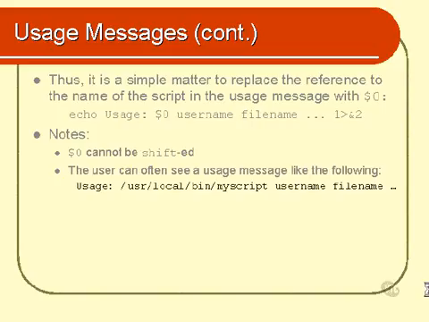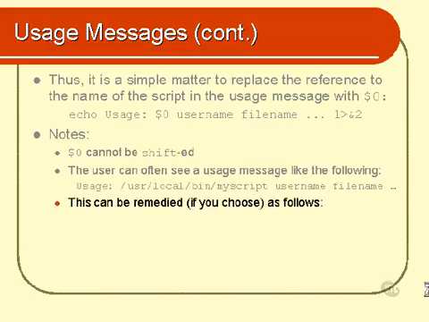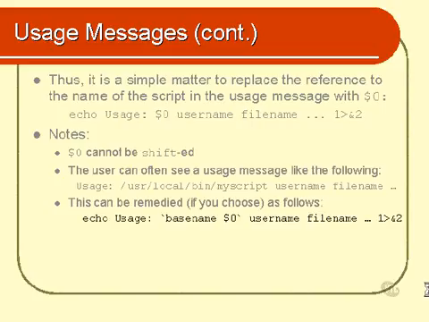So what we tend to do is use something called basename, which trims out everything except the very last part of the file name. In fact, it trims out all the path information. So you would end up with just, for example, MyScript, if we were looking at the following example, and the /user/local/bin/ would get trimmed out. So that last line that you can see there on this slide is a fairly generic usage message.